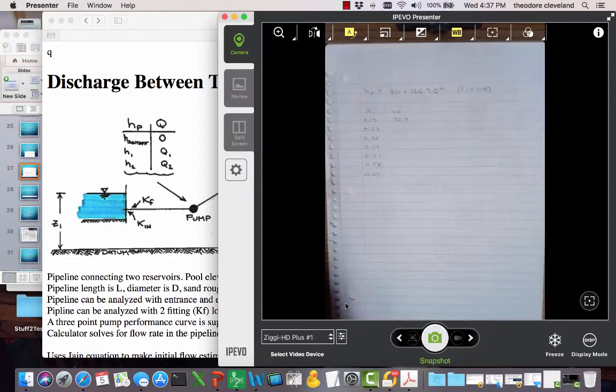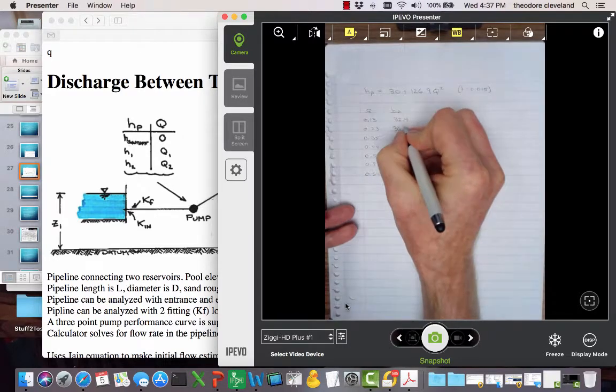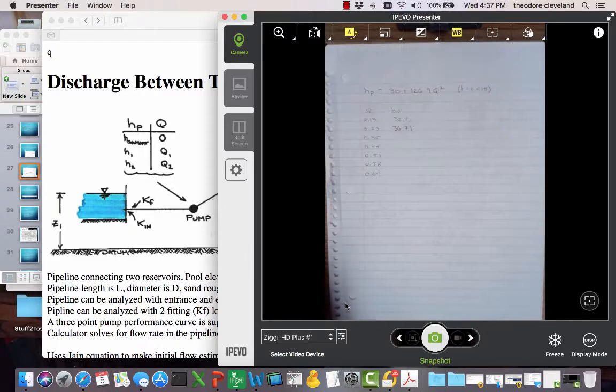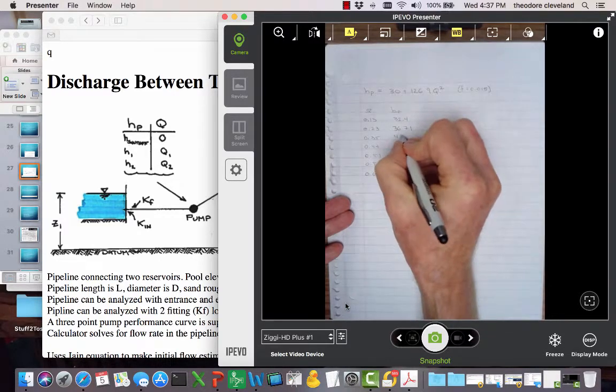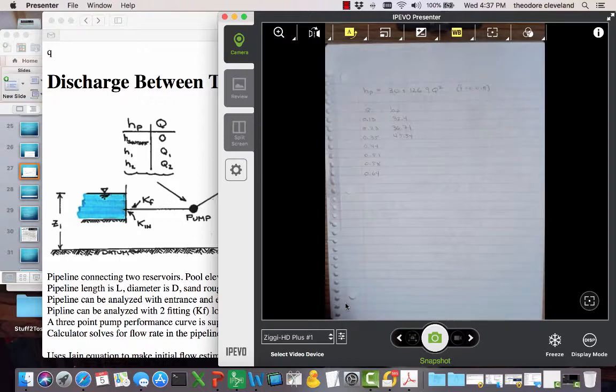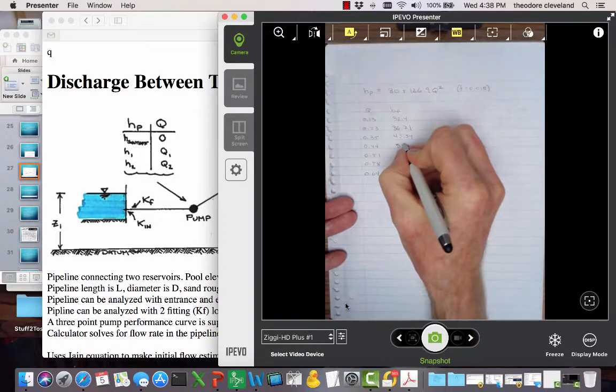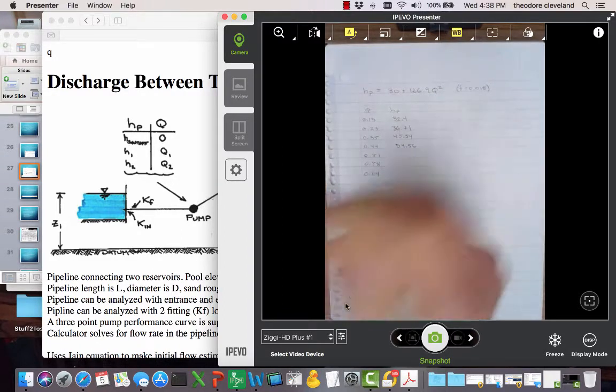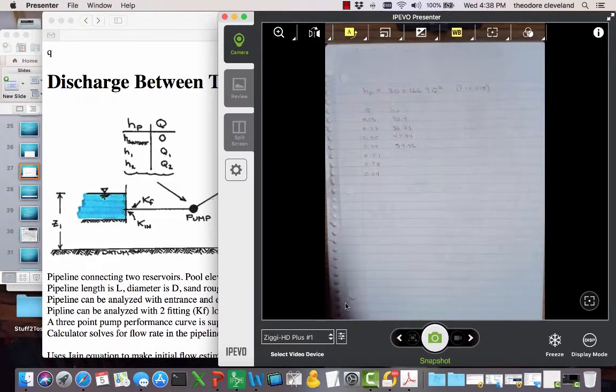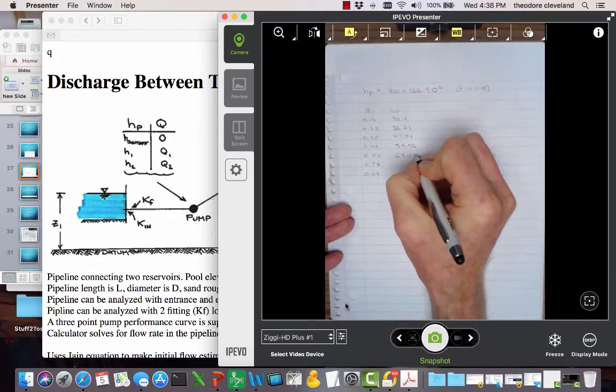Then 0.23 squared times 126.9 plus 30 equals 36.71. 0.35 squared times 126.9 plus 30 equals 45.54. 0.44 squared times 126.9 plus 30 equals 54.56. 0.51 squared times 126.9 plus 30 equals 63.0, some other numbers, but close enough.